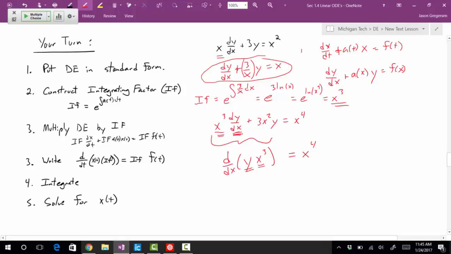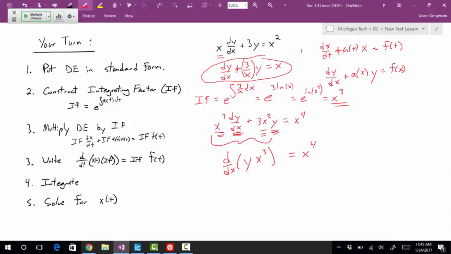Yep, that piece is good. Plus the first thing, y, times the derivative of the second thing. Derivative of x cubed. Yep, sure enough, it's true. Yay, right? But I am only doing that check. I'm only taking the derivative as a mental check to make sure I'm right.